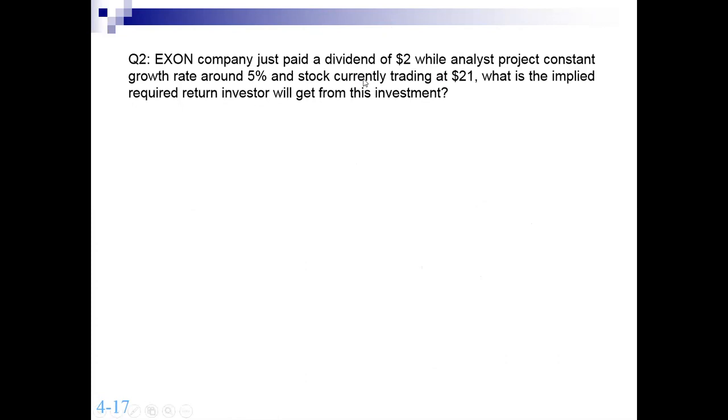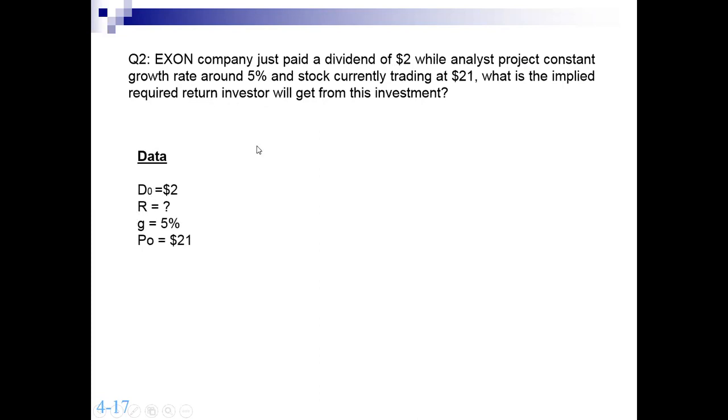Once these are converted into symbols, then it will be easier for you to understand. So just paid a dividend of 2, so it should be taken as D naught as we discussed earlier. Constant growth rate, this is showing growth rate, and stock currently trading at 21. Carefully see, stock currently trading at 21, this will be taken as P naught.